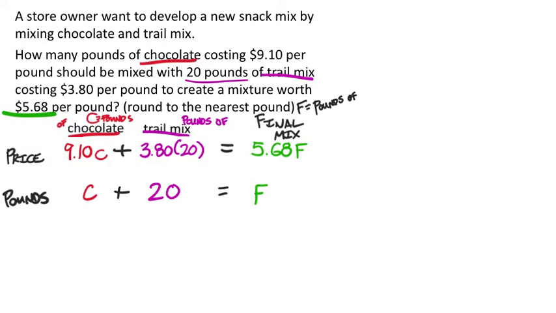So it took quite a bit to set that up, because usually this is the hardest part that most students struggle with. If they can get this system down, it's like, oh, I can solve it now, but you just got to get to this point, right? So are we going to use substitution? Now, if I look at this, F equals something.